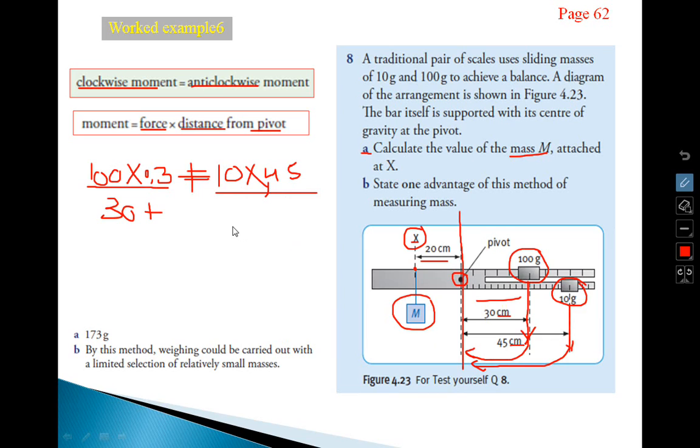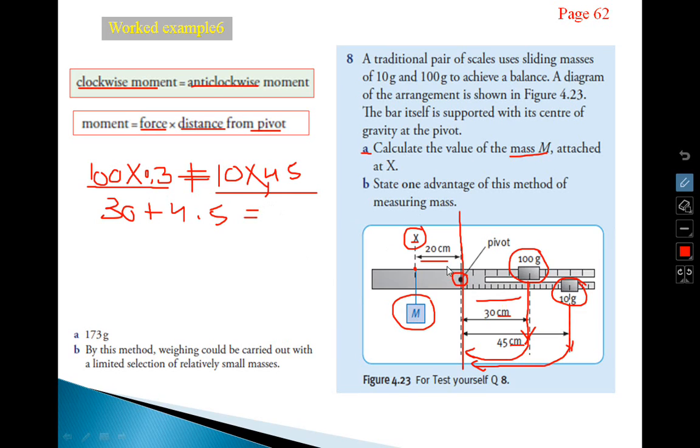It's the same, because the moment could be Newton meter or Newton centimeter. 30 plus 10 times 0.45 is equal to 4.5.